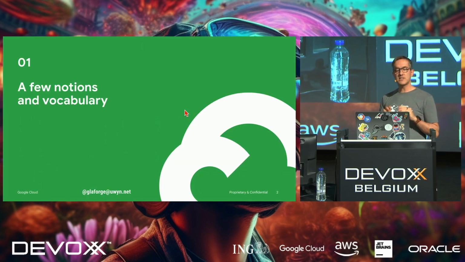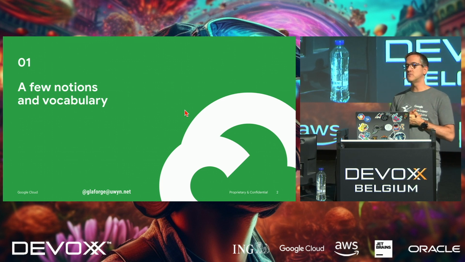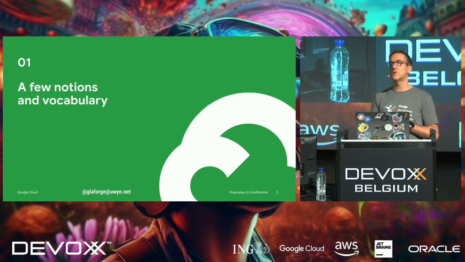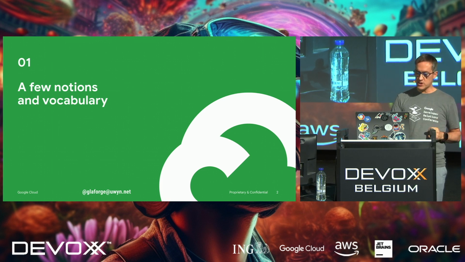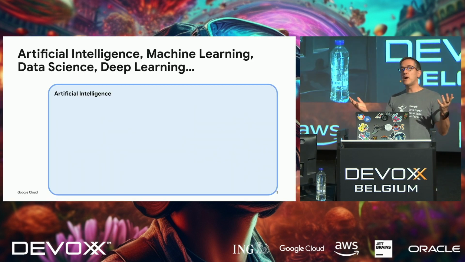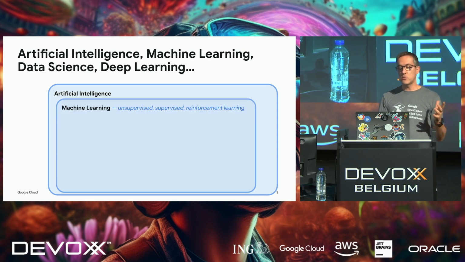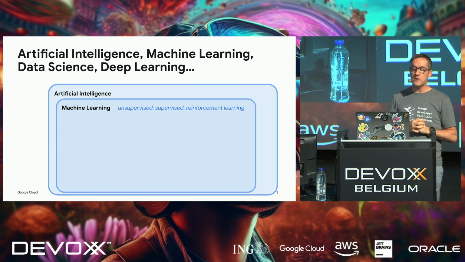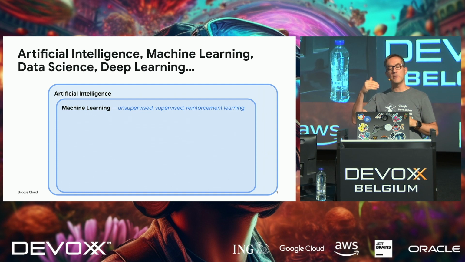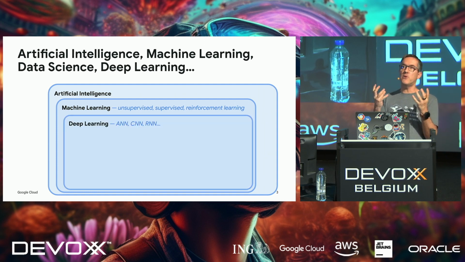Yes. So I'll start quickly with a few notions and vocabulary, but I'm pretty sure you've seen that already in other similar sessions because that's a hot topic. So we're talking about artificial intelligence, but there are different categories of artificial intelligence. You've got machine learning, then you've got deep learning, where you use neural networks to compute and predict and do stuff.